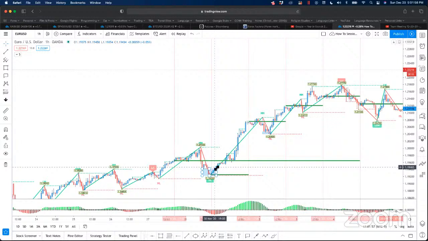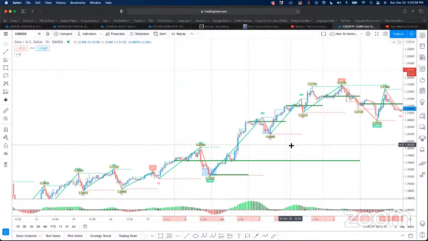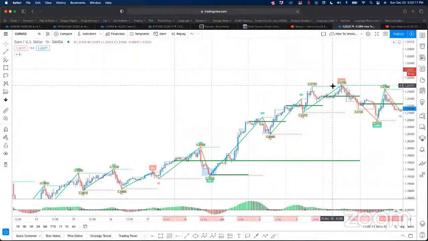Like, getting into the trades, you could take break retests, you could take rejections, you can take buy stops, you know, all day long with this, right? But if you don't really have an understanding of where things are going, then you don't feel as confident getting in and out of the trades.